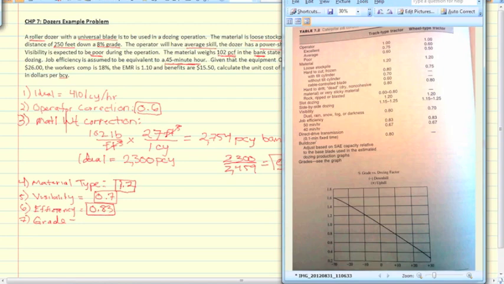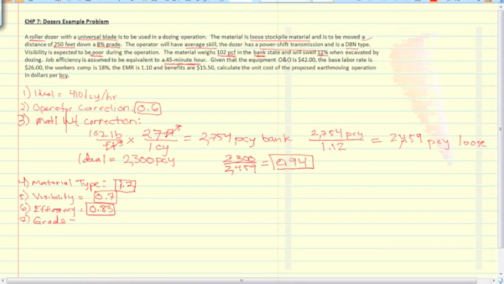Minus is downhill, plus is uphill, so we're minus 8%. So we go from about here, come up to the line, and that's just about 1.2, which makes sense. We're going downhill, that's better than ideal. 1.2 is greater than 1, so we get a benefit out of it. So 1.2.